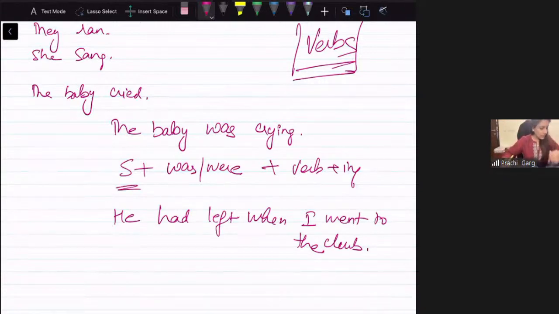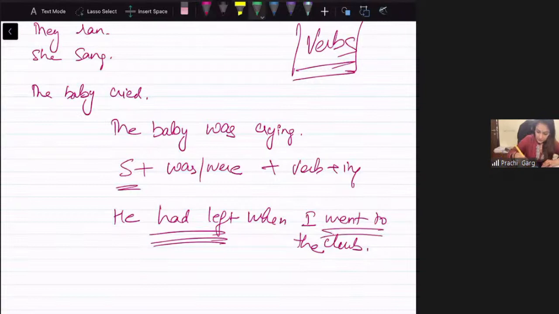Okay, and now what does it indicate to you? It indicates the completed action of the past that happened before another event took place. So two events took place and this event took place before this event. Am I clear? So subject plus had plus again the third form of the verb.